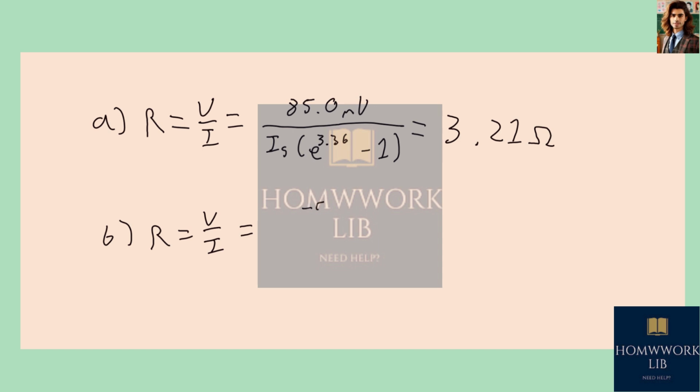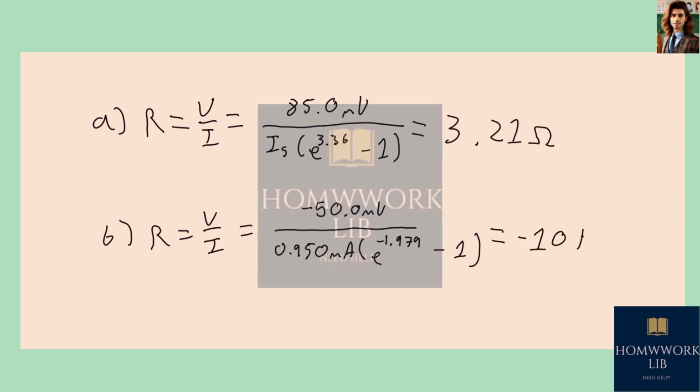So we have negative 50 millivolts all over 0.950 milliamps multiplied by e to the minus 1979, minus 1. The negative down here cancels out the negative up here, which leads to minus 104 ohms.